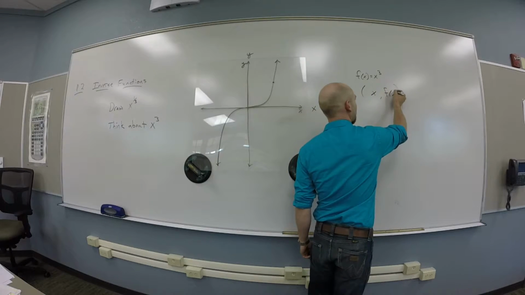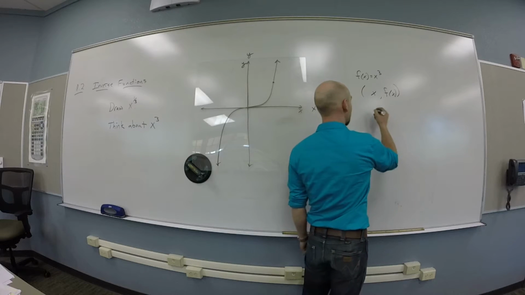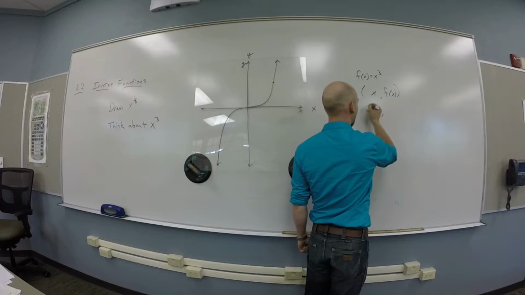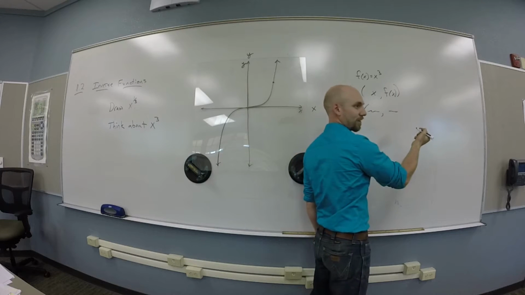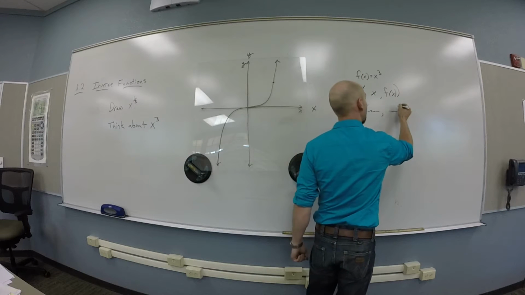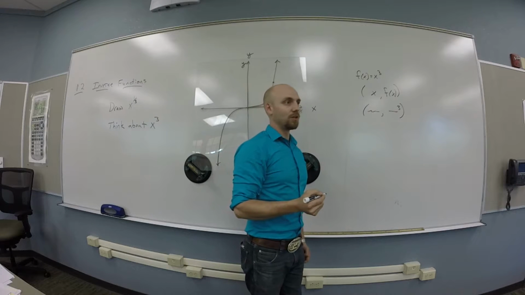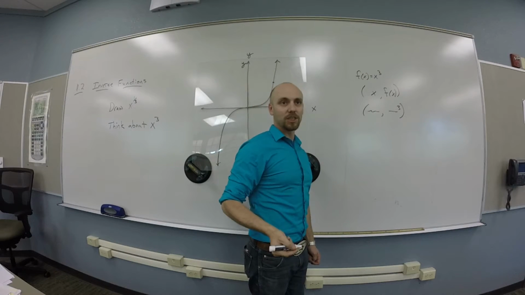They look like x, f of x pairs, right? So they look like stuff and stuff cubed. You guys see that? Okay. They look like stuff and stuff cubed.